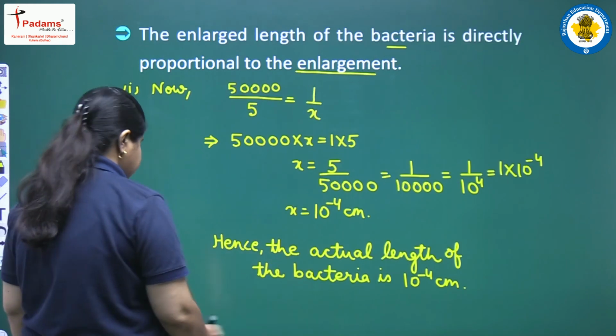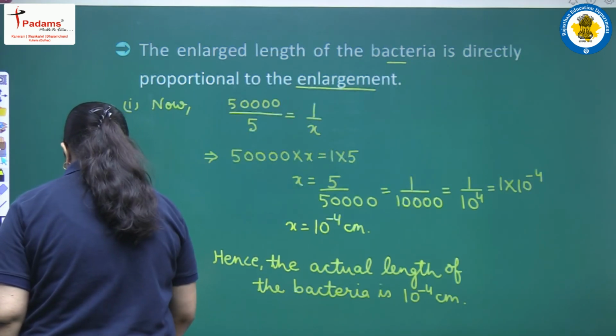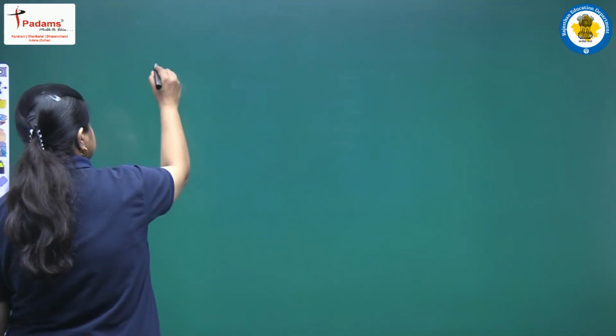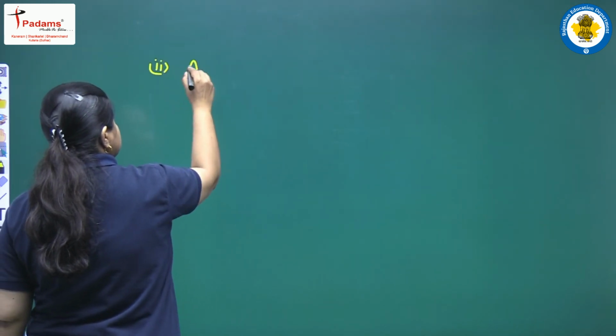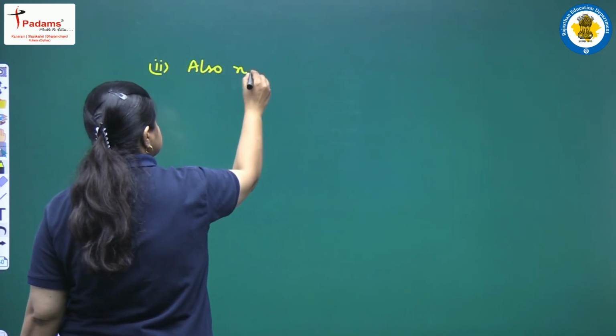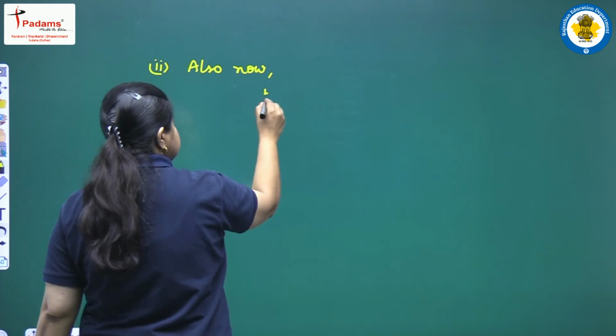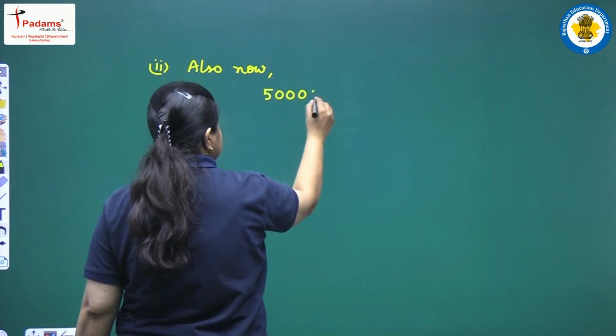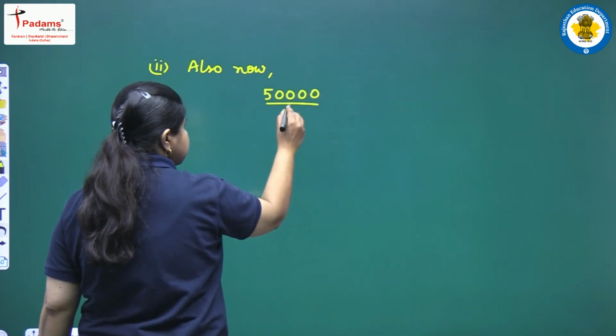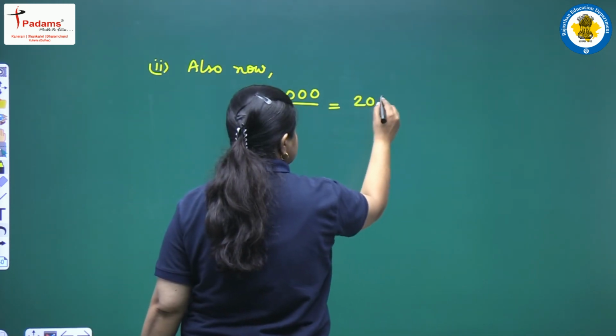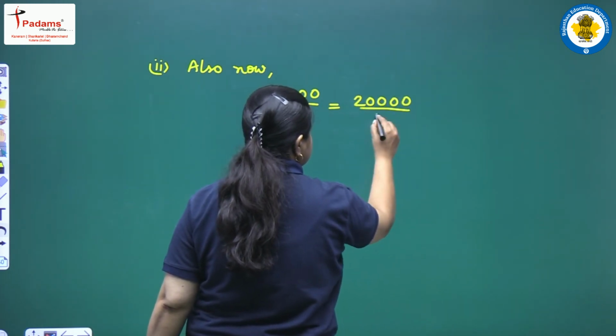So here we take the next page to find the next value. Second case, also now 50,000 upon 5, this will be equal to 20,000 upon y.